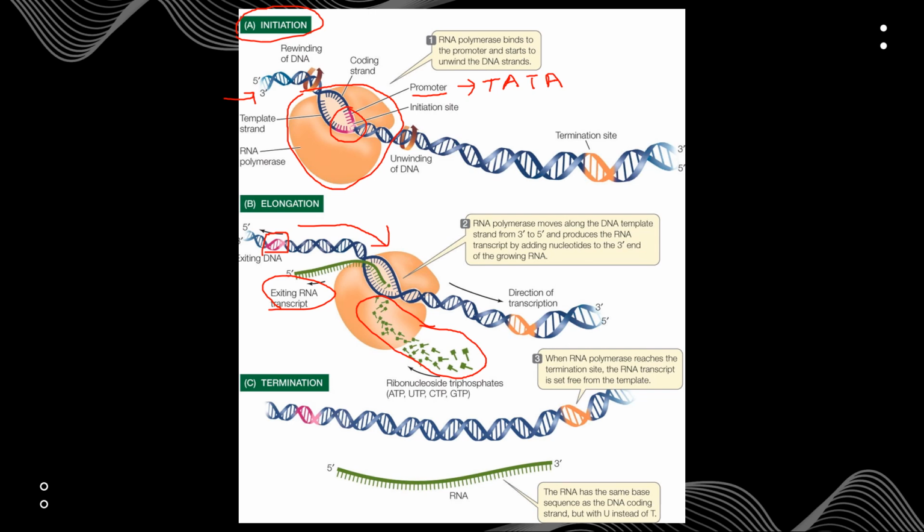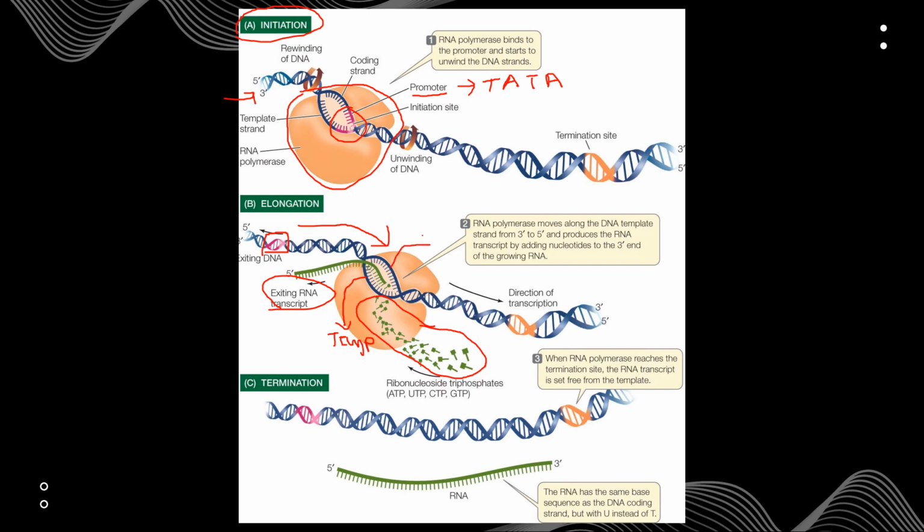So it takes those nucleotides and arranges them in the pattern that matches with this bottom strand of DNA. And this bottom strand we call the template strand because it's the strand that RNA polymerase is using as a template to make its RNA transcript.